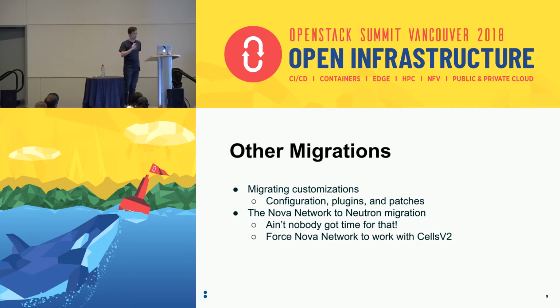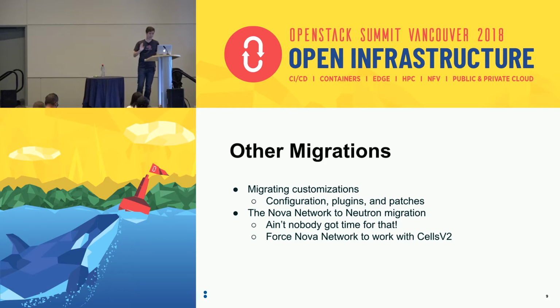Cells v2 doesn't work with Nova Network. So it's time to do the Nova Network to Neutron migration. I think CERN's been working on this for some years now. So it's complicated anyway, on top of all this other stuff you have to deal with. Let's be lazy and just put it off for now.